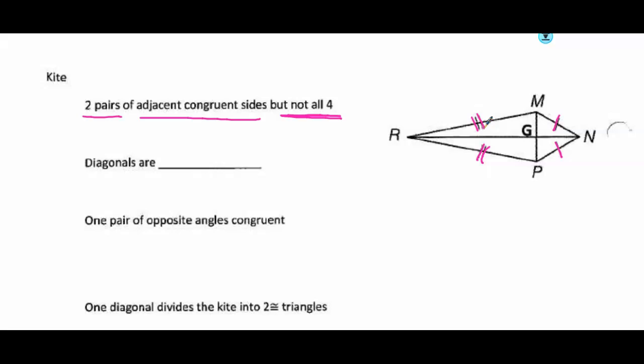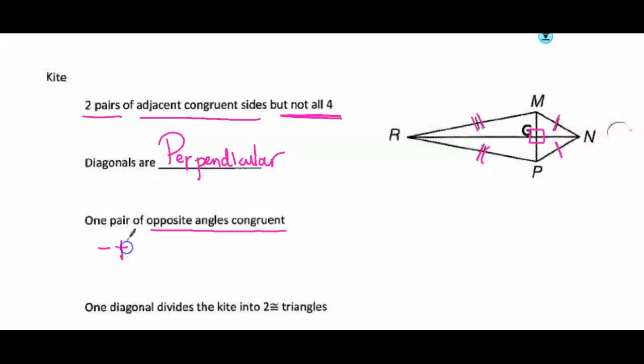The thing that you need to remember about a kite, the diagonals are perpendicular, always. So I can go over and put some markings there. It says one pair of opposite angles are congruent. Only one pair.